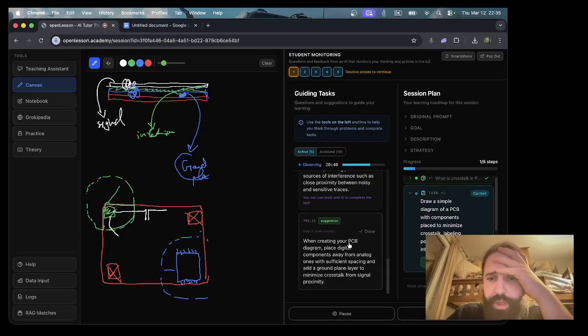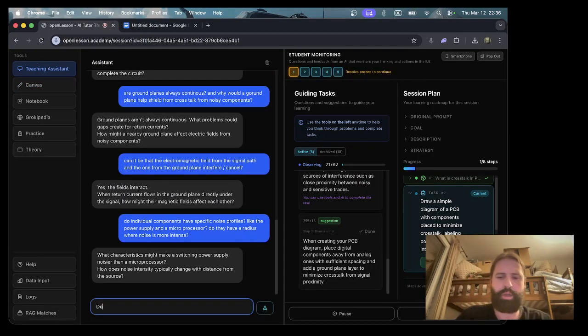When creating your PCB, place digital components away from analog ones. Oh, okay, interesting. And add a ground plane layer to minimize crosstalk from proximity. So why do digital and analog components have significant differences in noise profile?